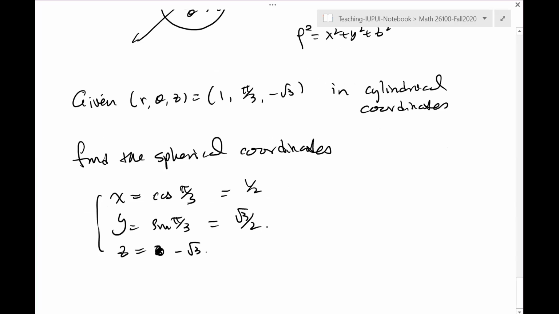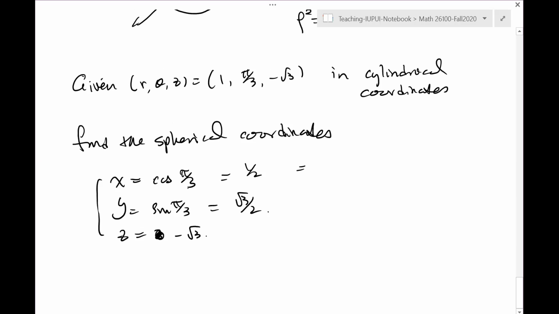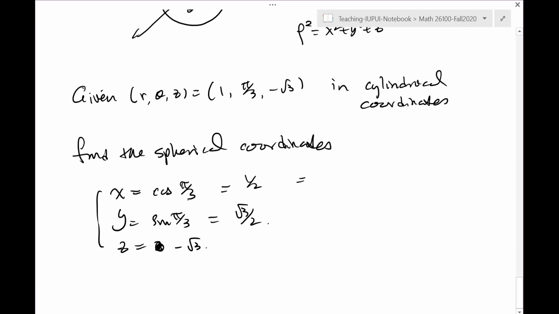This is square root of 3 over 2. So you get a point in the cylindrical coordinates, right? Then you convert it and express it in the spherical coordinates: rho sine phi cosine theta, rho sine phi sine theta, rho cosine phi.